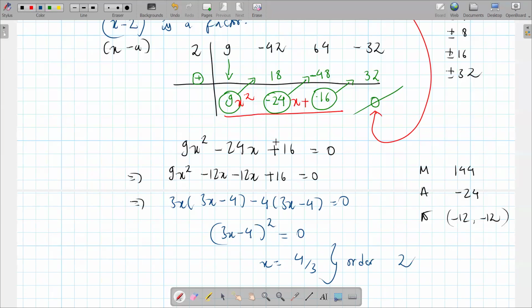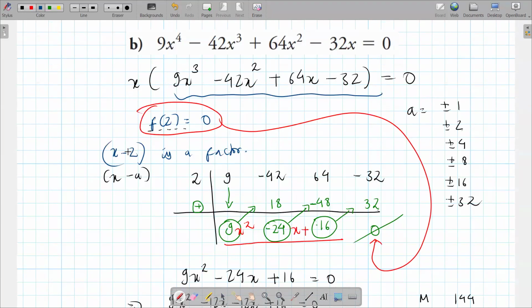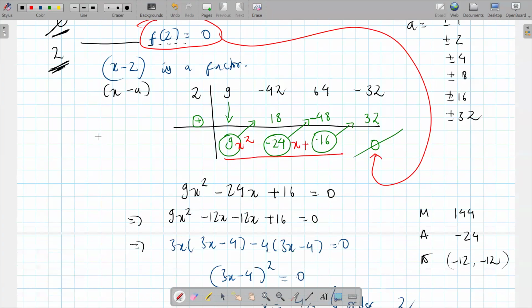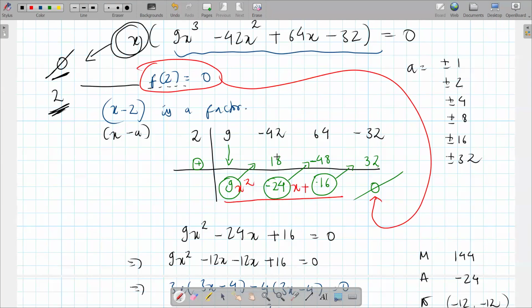And the other x-intercepts were what? 0 from here, right? 0. And then 2 from here. So we have 3 x-intercepts: 0, 2, and 4 over 3. But 4 over 3 has an order of 2.